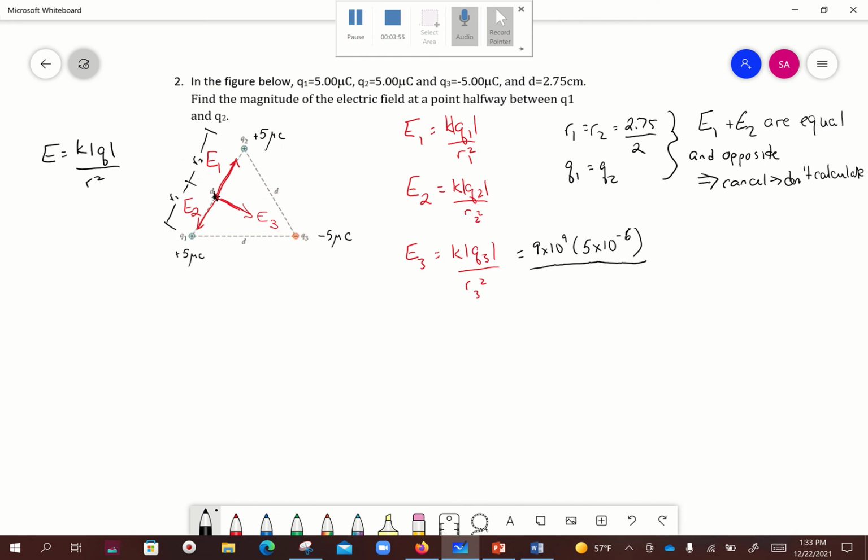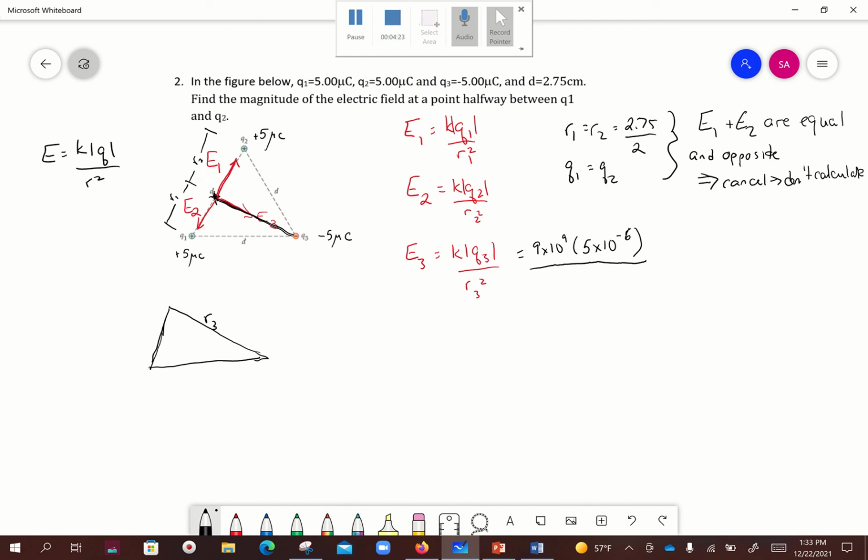And then we have the question, what is the distance between my X, where I'm finding the electric field, and where charge 3 is? So it's going to be this distance here, diagonally across the triangle. So let me just sketch out just that bottom part that I have there. So if I look here, I've got that hypotenuse there.